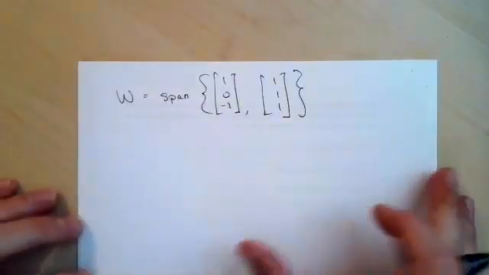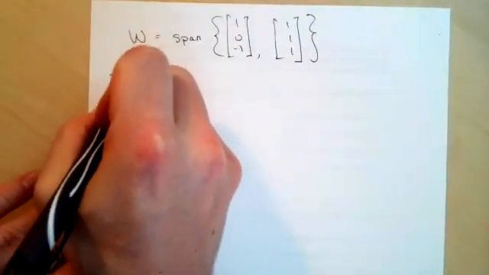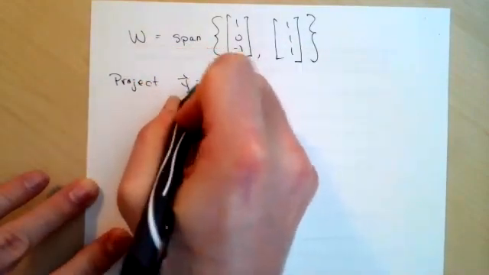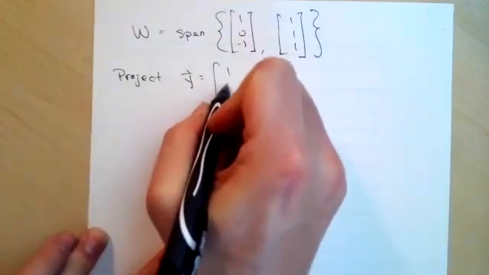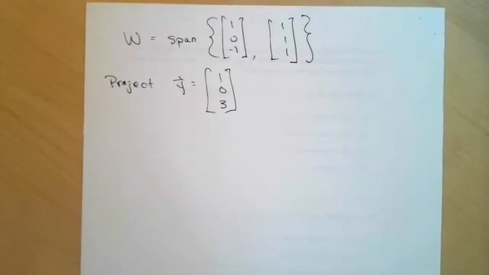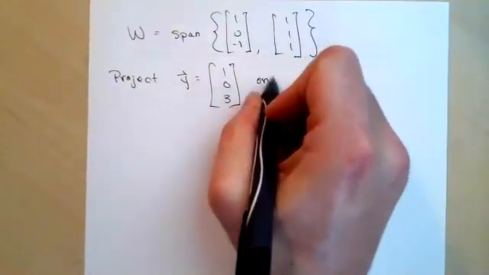And now, since we have an orthogonal basis, we can project our y, which is simply the position vector of P. So turn the point into a vector. 1, 0, 3 were the coordinates. And we project that onto W.